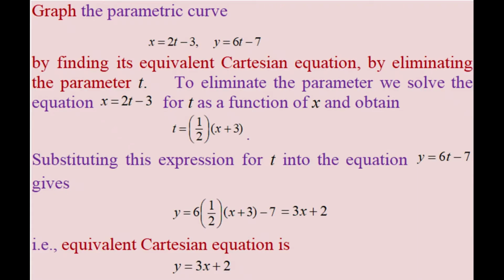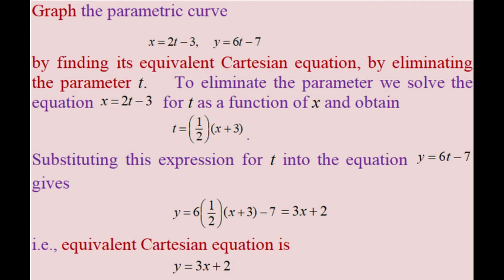As one more example, let's graph the parametric curve with the coordinates x is equal to 2t minus 3 and y is equal to 6t minus 7 by finding its Cartesian equivalent equation by eliminating the parameter t.